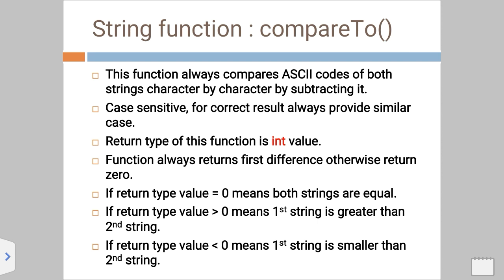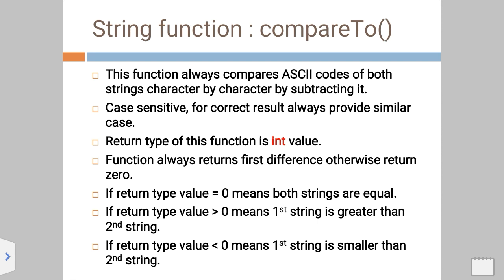And if we look at the output of the compare to function, then the result is, if we are getting 0 as the return value, then both the strings are equal. If we are getting a positive value, then it means the first string is greater than the second string.